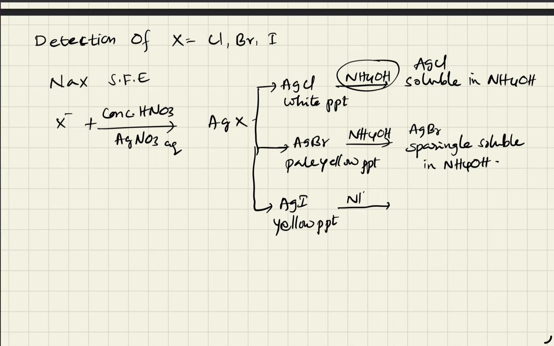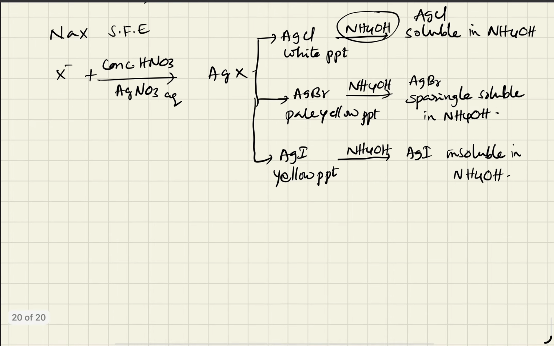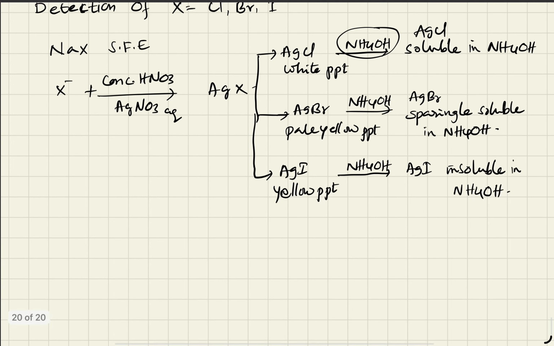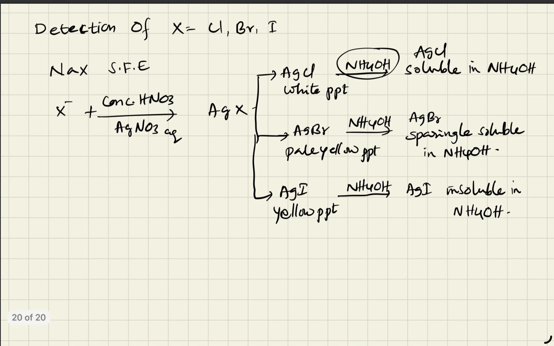When you add ammonium hydroxide, AgI is insoluble in ammonium hydroxide. So these confirm that chlorine is present here, bromine is present here, and iodine is present here.